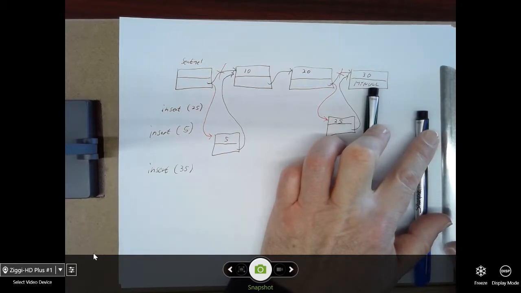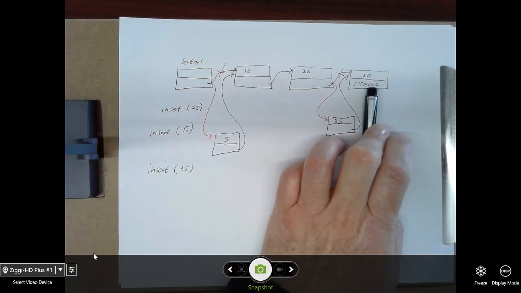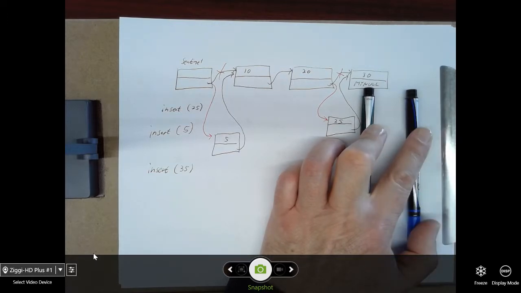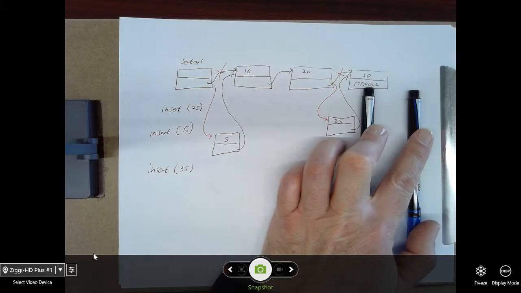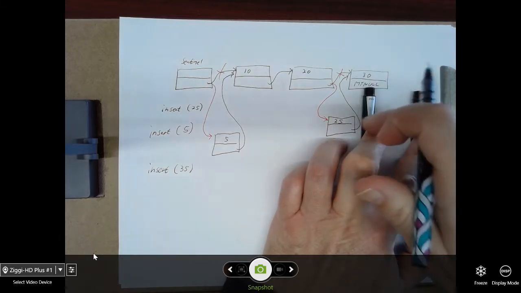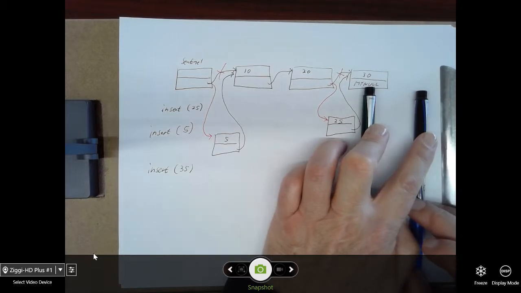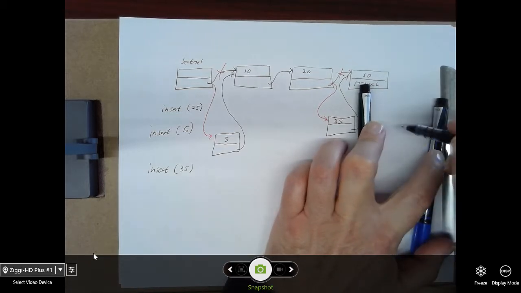So at this point we need a special case, which says we've gone to the end of the list, we've gone to where the blue node is no longer pointing to a node, and we still haven't found a place to insert. That's an edge case. In this case, we have to insert after the green. It's not being sandwiched between two nodes, it's getting tacked onto the end of the list. So we'll create a new node.